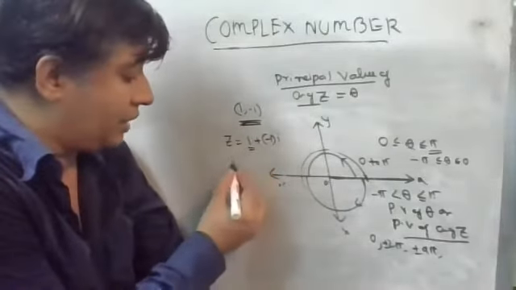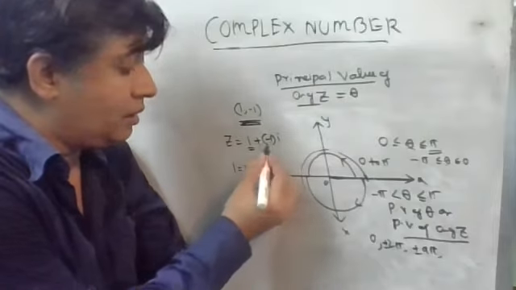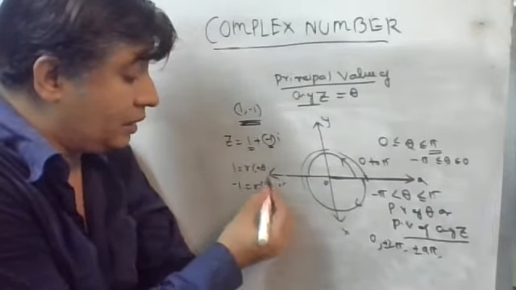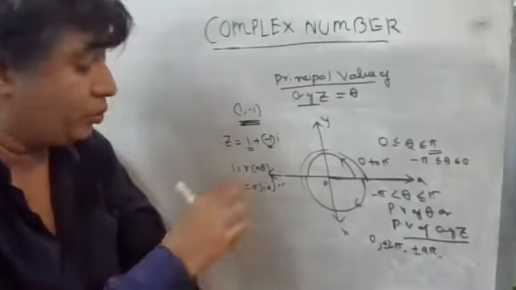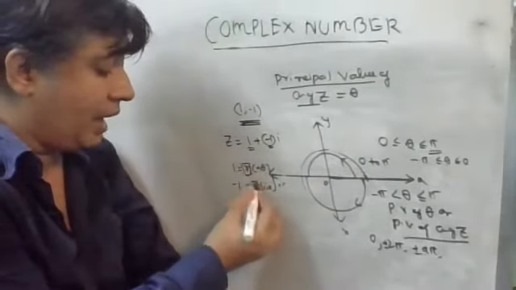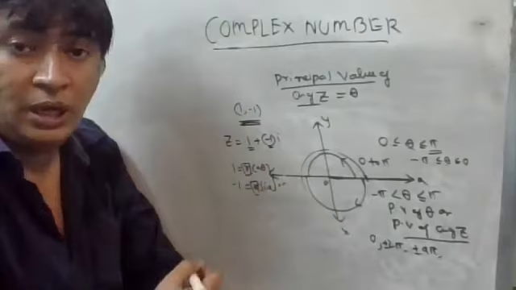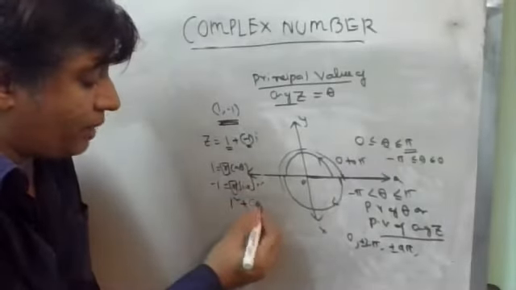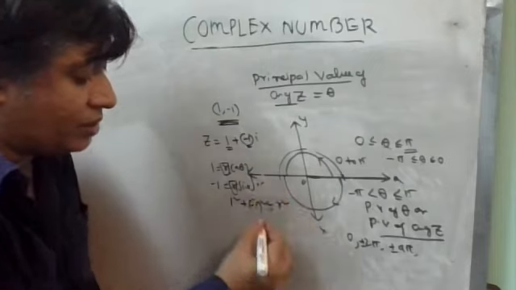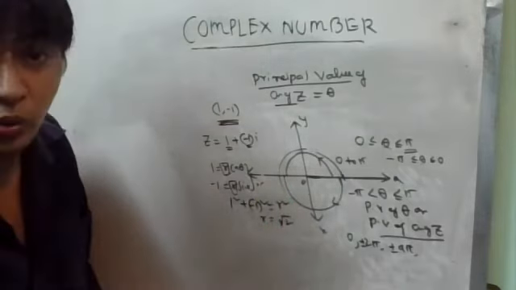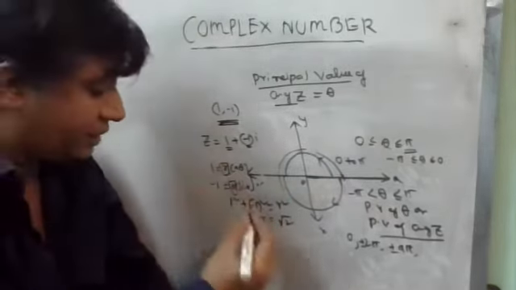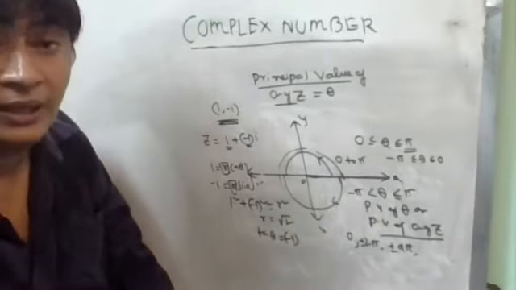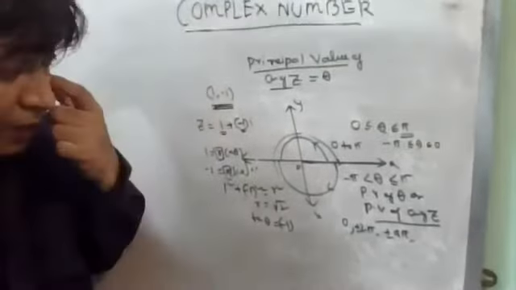Now 1 is considered as r cos theta, and minus 1 is considered as r sin theta. Now in these two equations, r and theta are unknown. How to find r? Square and add. 1 squared plus (minus 1) squared is equal to r squared, so r is equal to root 2. We have got r, and dividing the equations you will get tan theta is equal to minus 1.